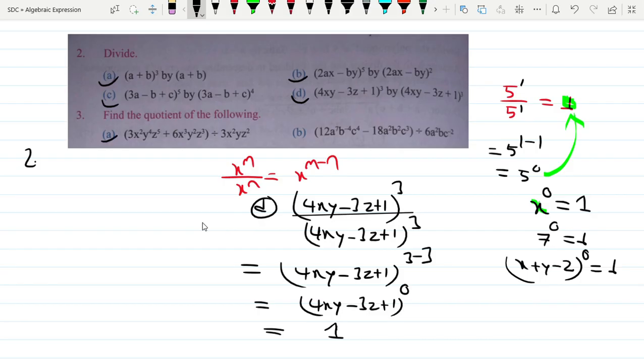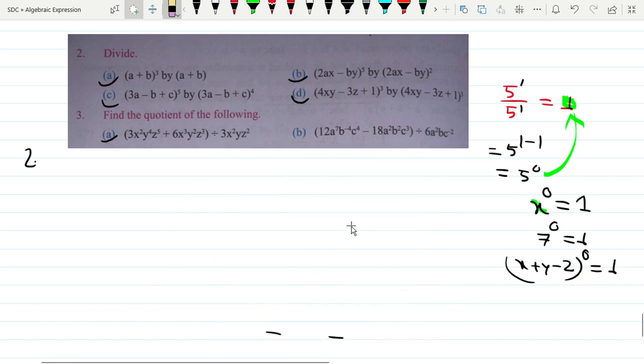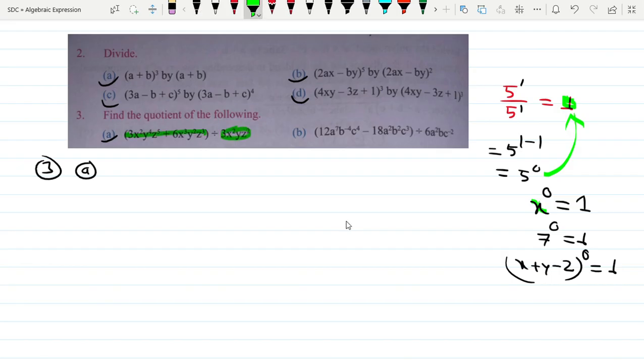So for this number 2 we did it, and now I go with number 3. First I do part A. Here it is clearly visible that one binomial expression is getting divided by this.